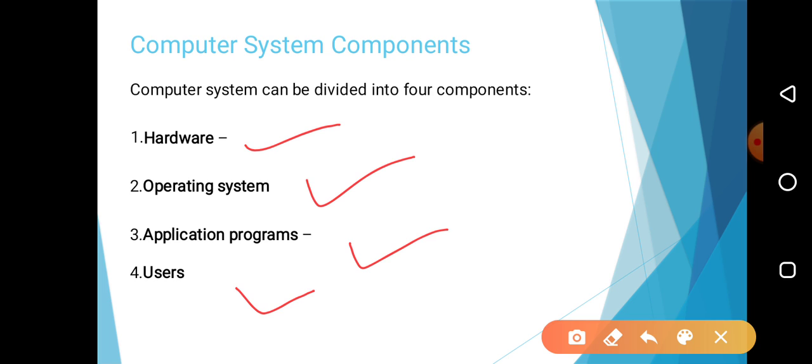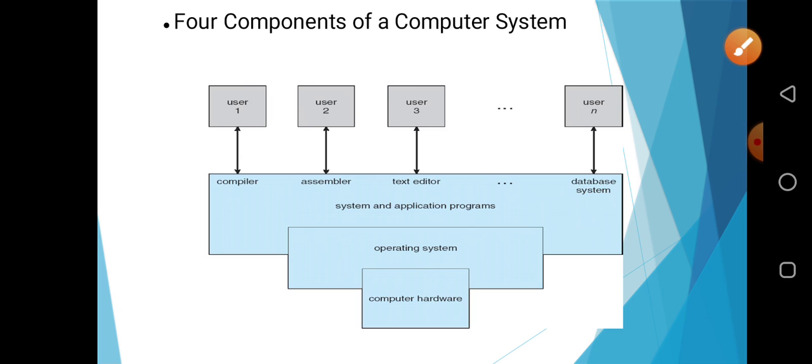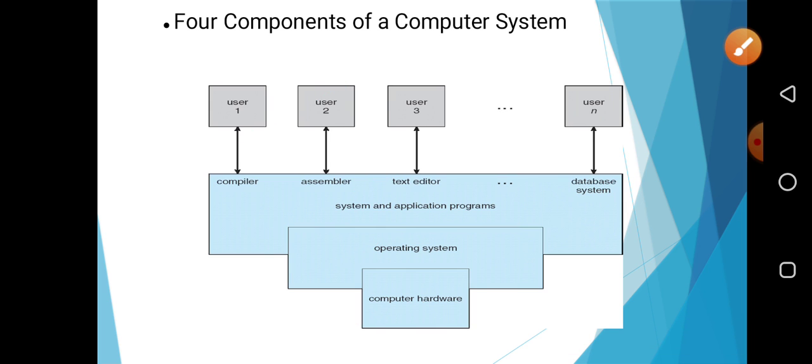That is system software and application software. OS comes in the category of system software. Users are the end users, that is people, machines, etc. Whatever I have described, I have shown in a picture format: the components of the computer system are hardware, operating system, application program, and the users.